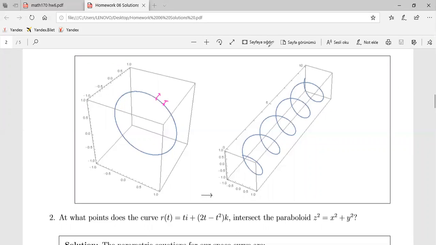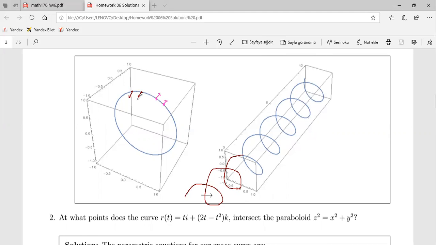And also when t is negative and decreasing, then each value on this circle will be lifted to the left. So it will continue like this.